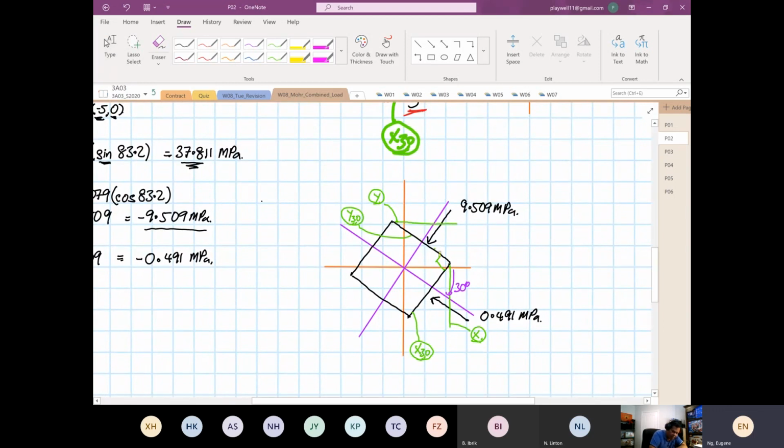Okay, so this is our Y30 line. For the element to go clockwise, the shear has to go which direction? Down direction. Yes or no? Right? The shear has to go that way. So this shear will be equal to 37.811 megapascal.